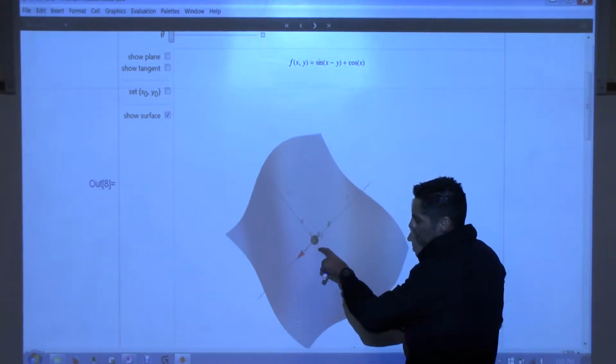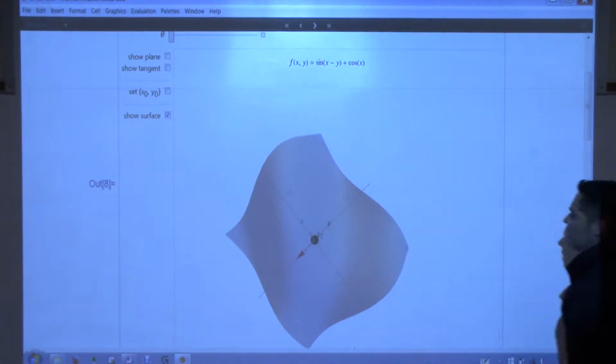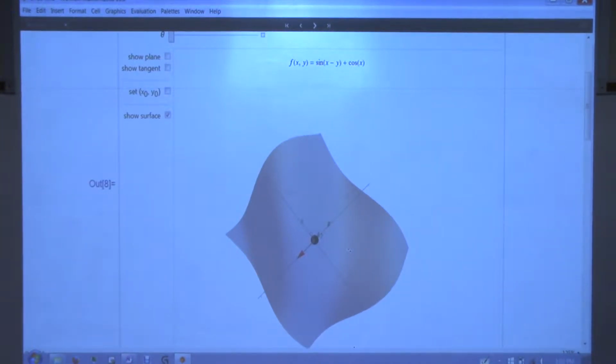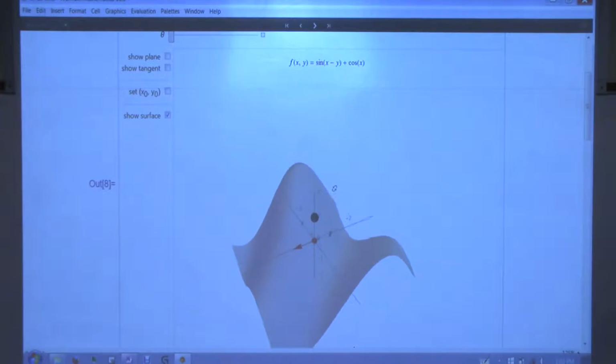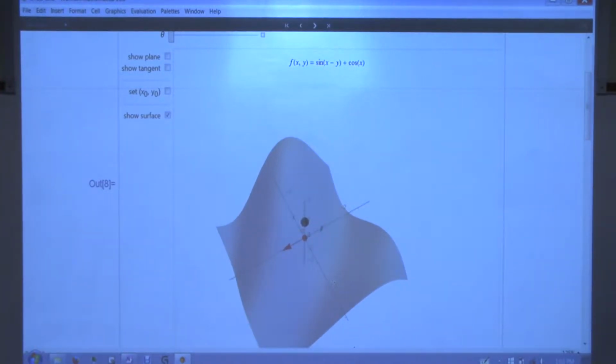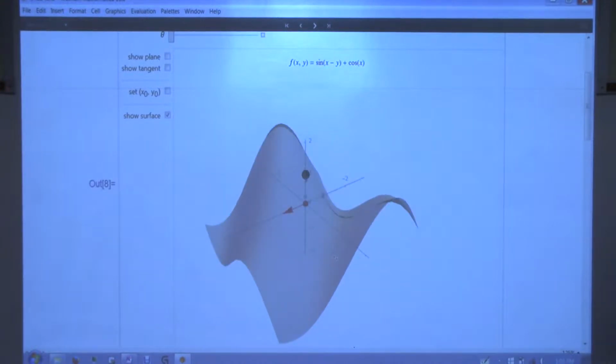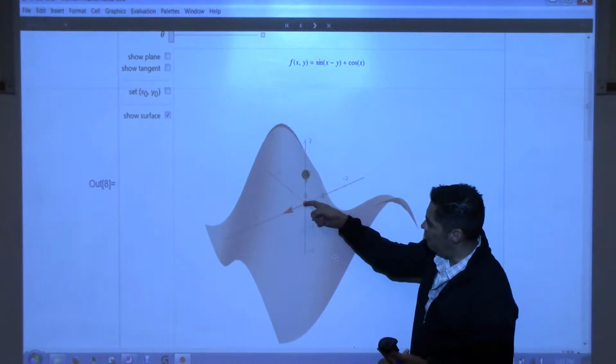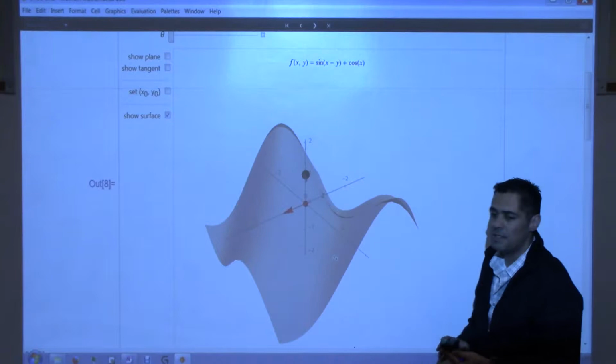I want you to notice that directly below this point, down on the domain, the xy plane, I have that red point. And right now that red arrow is pointing down the x-axis.